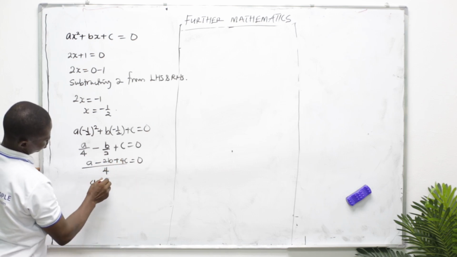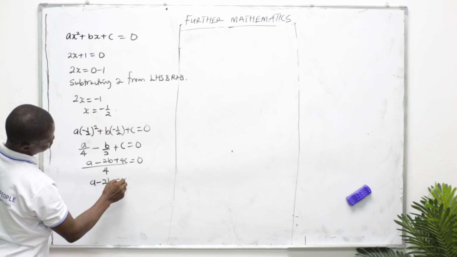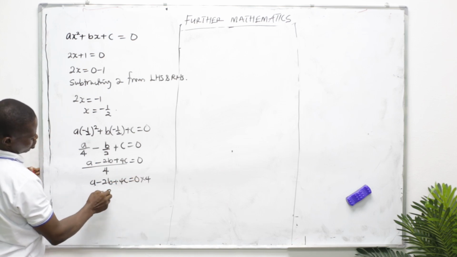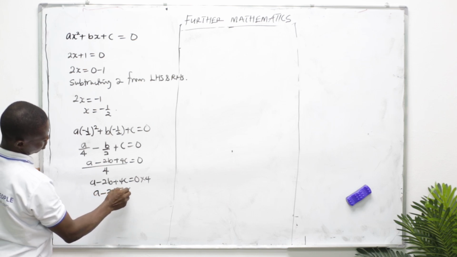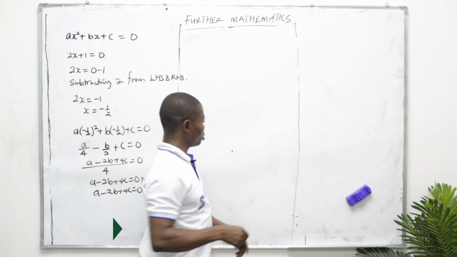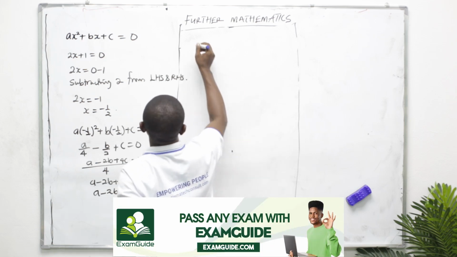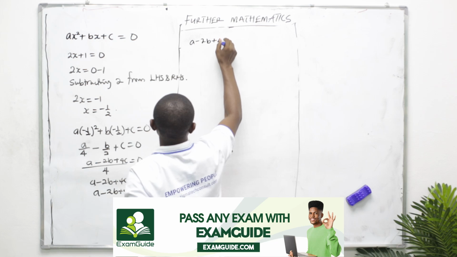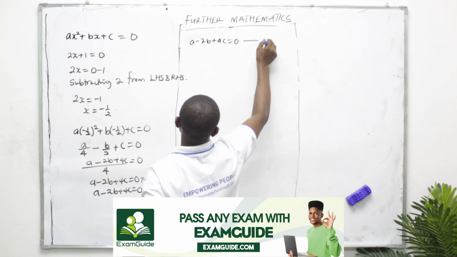Multiplied by 4, a minus 2b plus 4c equals 0. So here, a minus 2b plus 4c equals 0, equation 1.